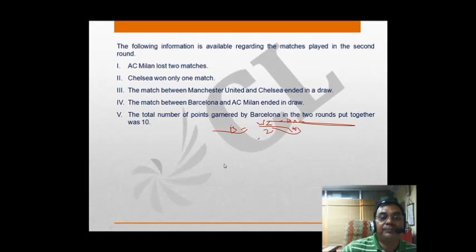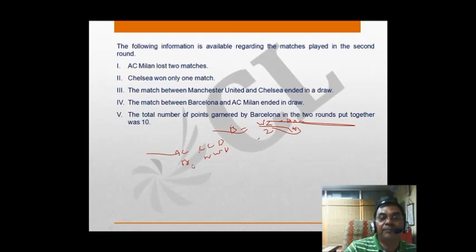The match between Barcelona and AC Milan ended in a draw. It had to be. So AC Milan lost, drawn. Barcelona 1-1, drawn.